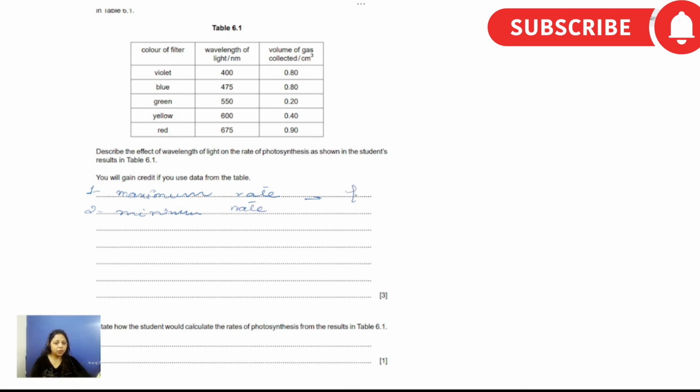Then you have to mention a certain wavelength. At what wavelength the rate is maximum, and at what wavelength the rate is minimum. Okay, what else can be added?